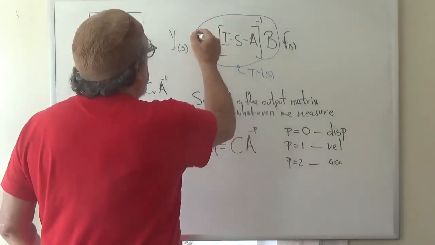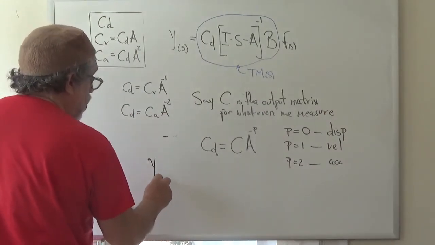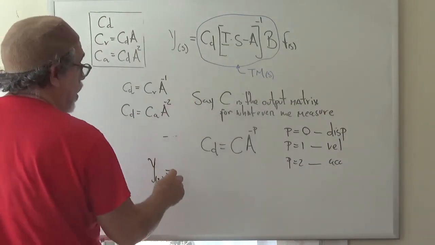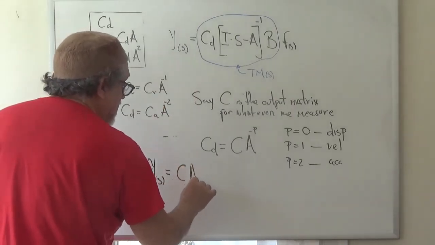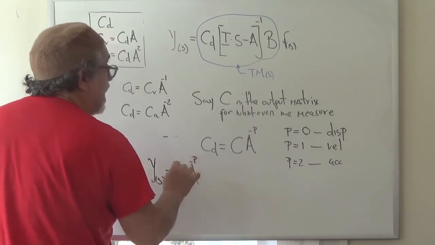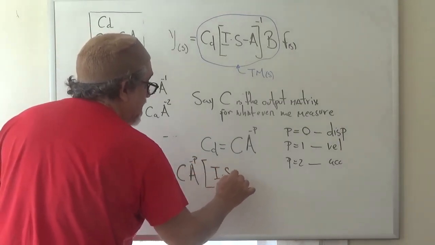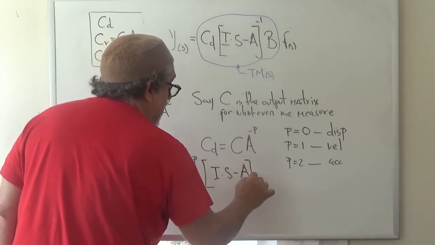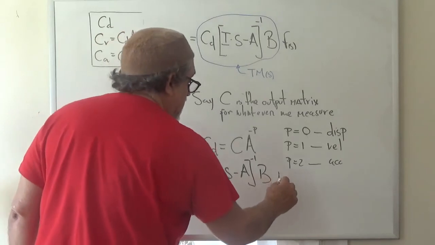With that in mind, then we can substitute above, and we can say that y sub s is simply equal to C, whatever we measured, times A to the minus P, multiplied times the identity times S minus A to the minus 1 times B, and that is, well, times Fs.